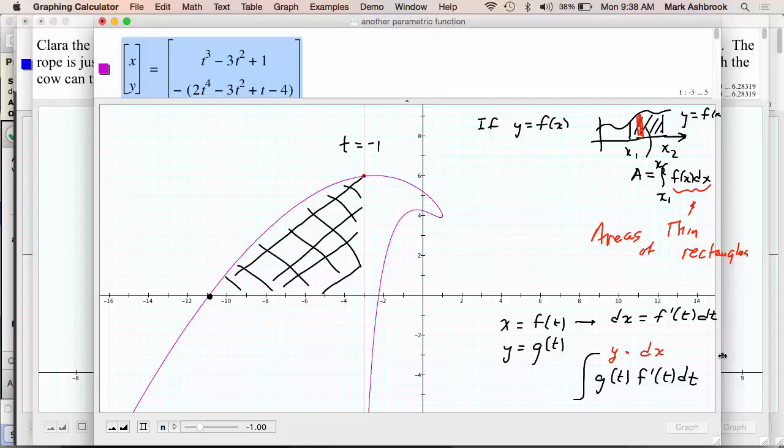So we're operating in parametric coordinates with respect to t, but we're still thinking of that as simply y dx or f of x dx, like we did before. So it's generating area in the same way, vertical thin rectangles from the x-axis. But it's now just in terms of t, and we're going to start from, say, t1 to t2.